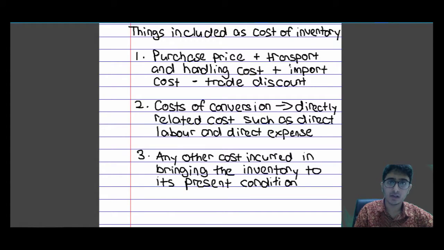First one is the purchase price plus any transport and handling costs plus import costs minus any trade discount you obtain. Second one is cost of conversion.